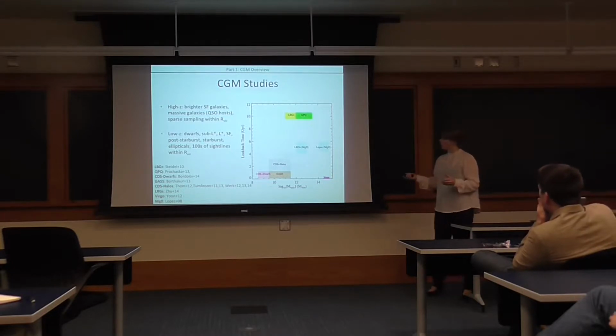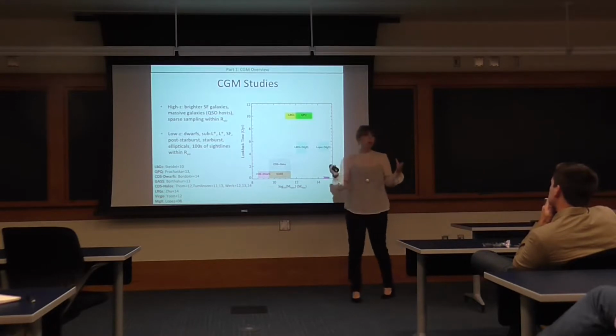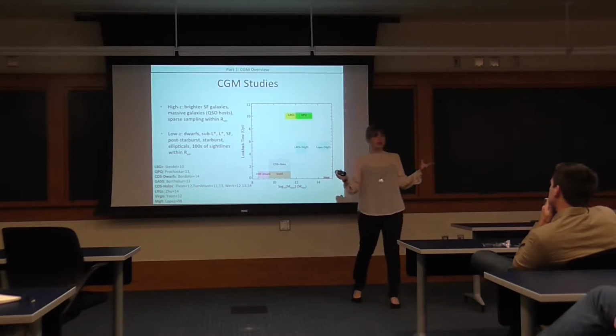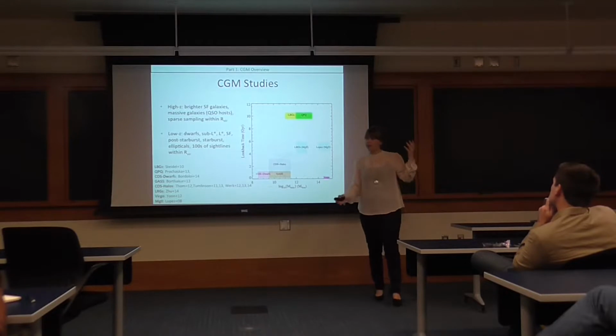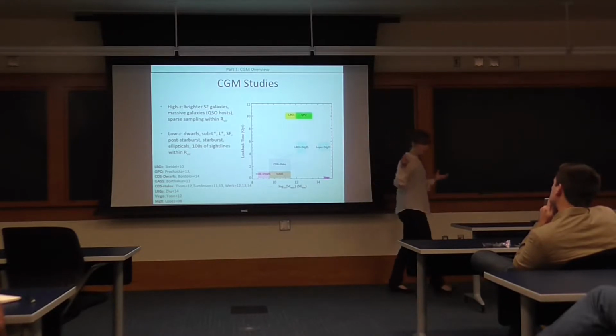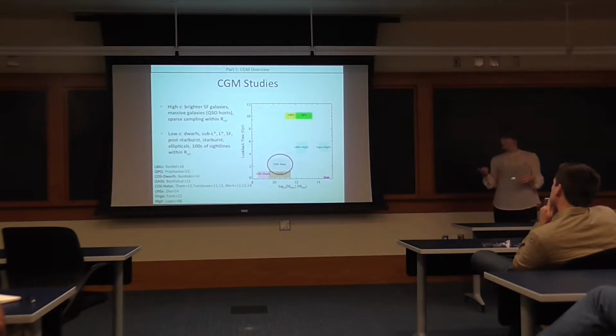But what we're looking at with COS-Halos is normal star-forming galaxies like the Milky Way, with a halo mass of say 10 to the 12 and a stellar mass of 10 to the 10 or so. But we also have quiescent red galaxies. So we have red galaxies and blue galaxies, all at the mass of the Milky Way.